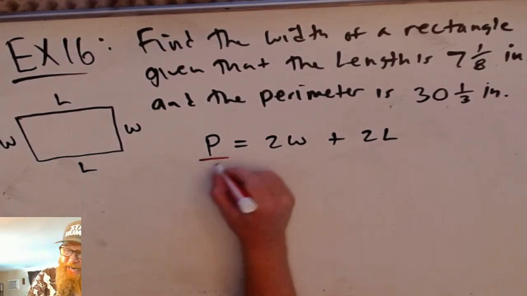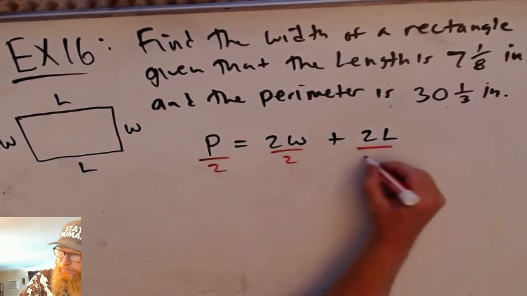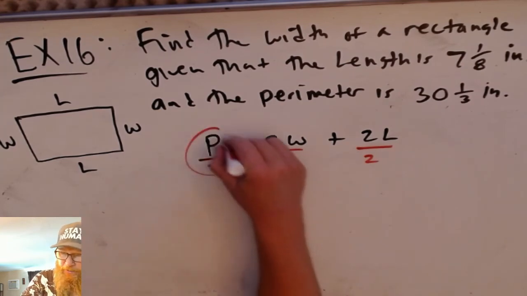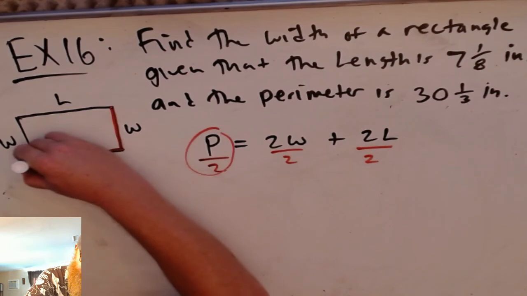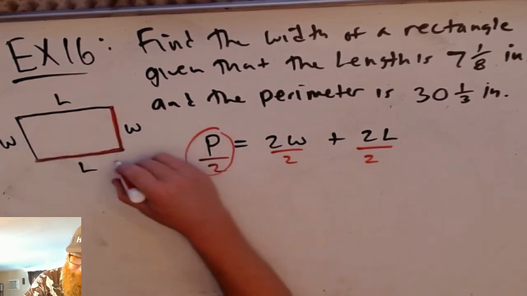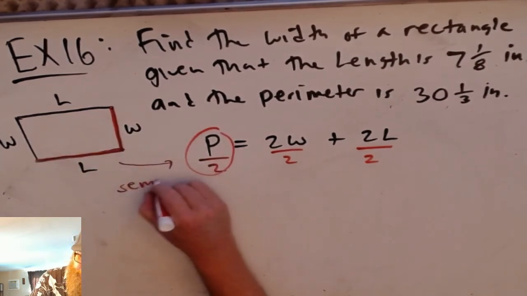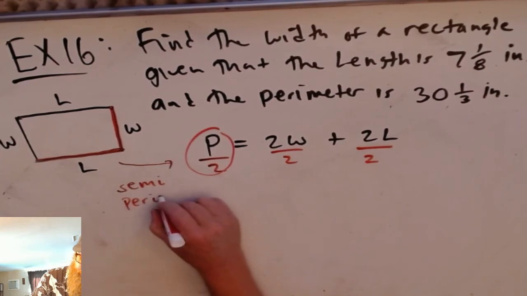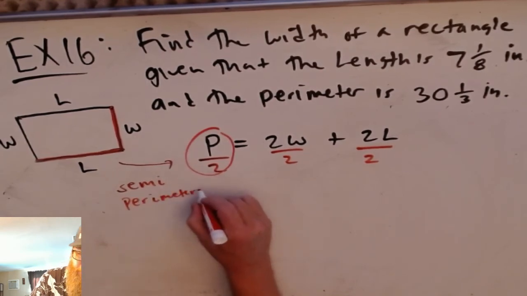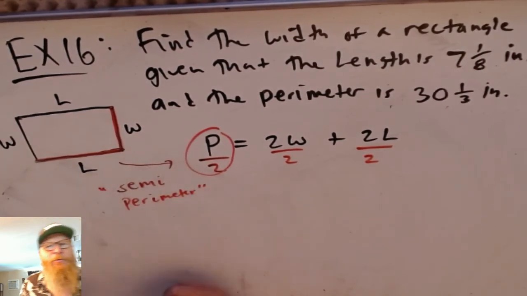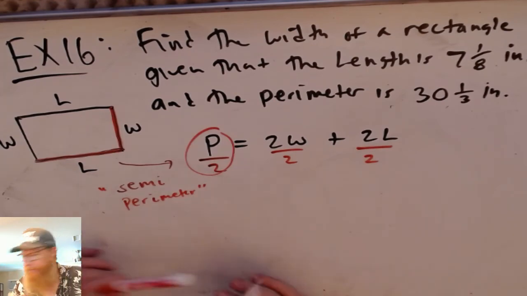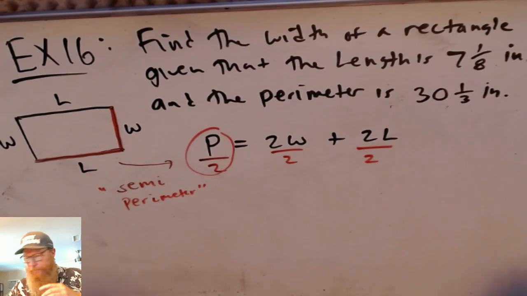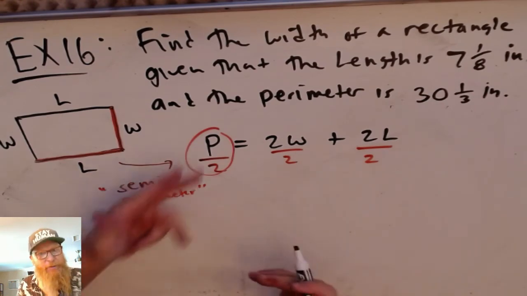If you divide everybody by 2, you get what's called the semi-perimeter, also known as the half perimeter. Semi, mathematically, really just means cutting it in half. So semicircle, it's a half a circle. Semi-perimeter is half a perimeter.